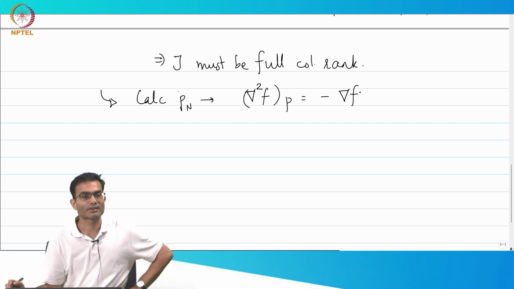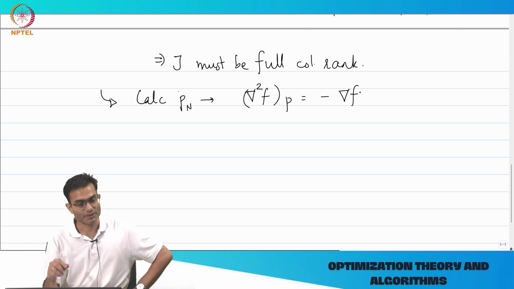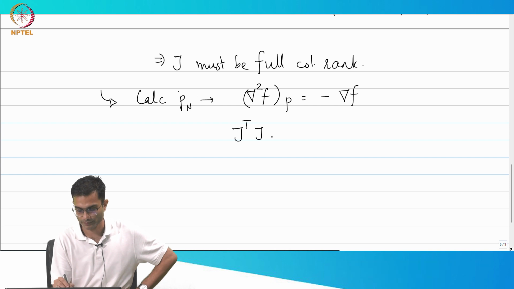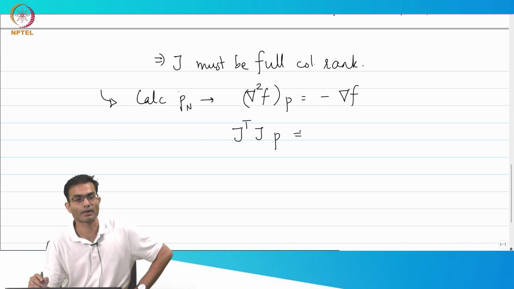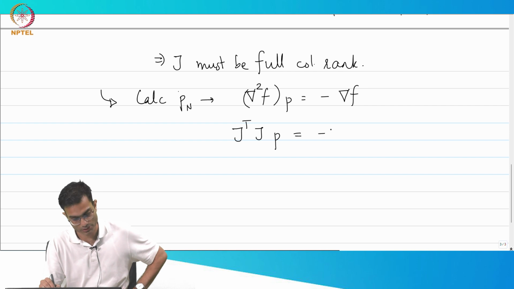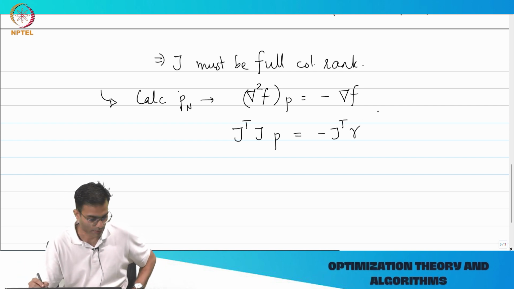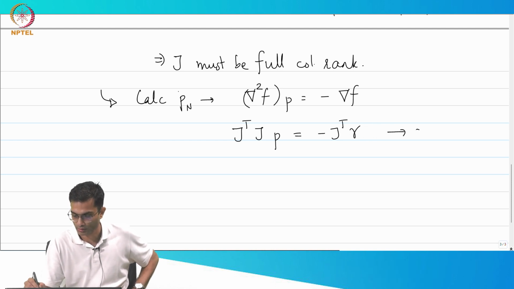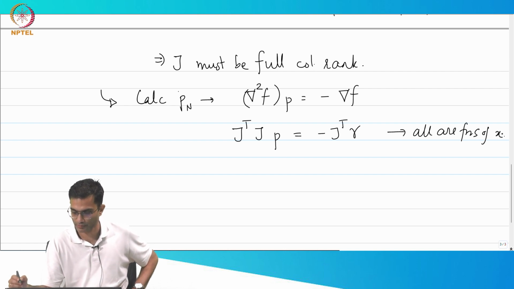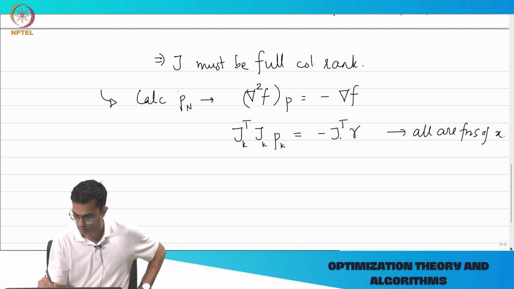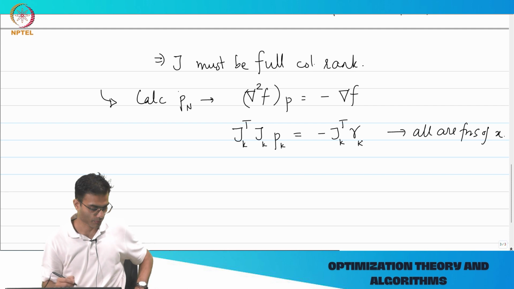So what is del squared f under the approximation? J transpose J, P remains here, and grad f was J transpose R. These are all functions of x; they look like constants here, but actually we should be putting the subscript for the iteration on each of these.